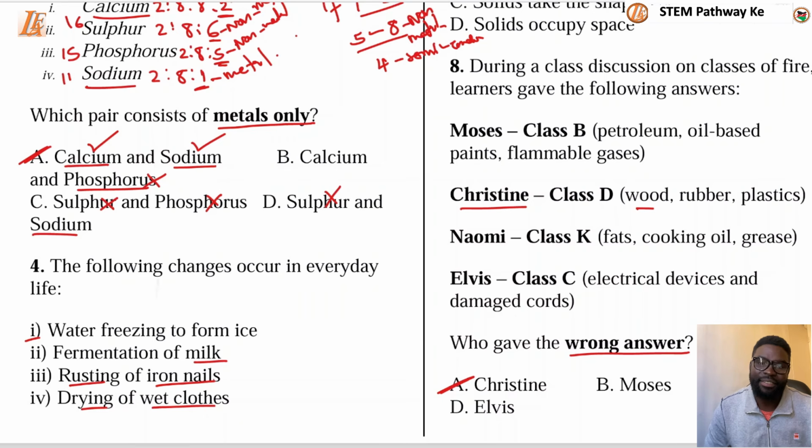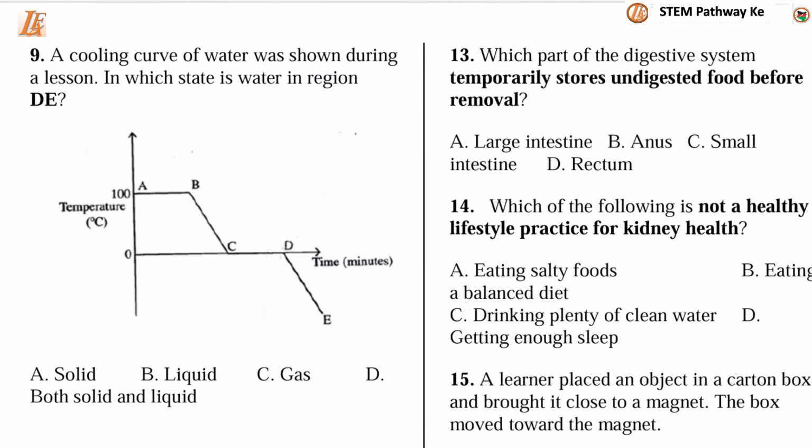Another question. A cooling curve of water was shown during a lesson. So in this case, you can see a cooling curve. In which state is water in region DE? Let's look at this curve. It's what we call a cooling curve of water.